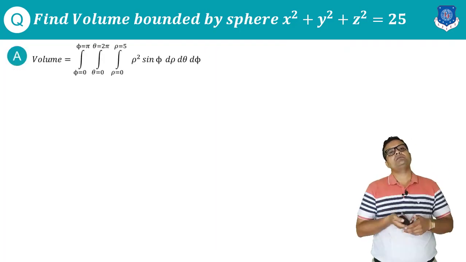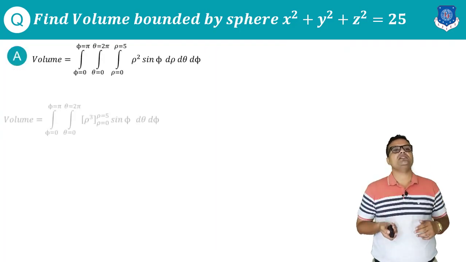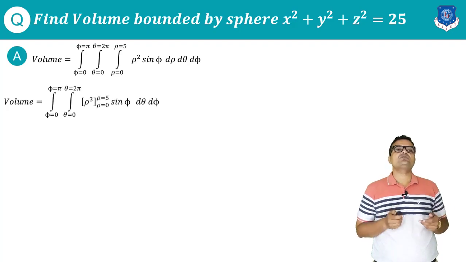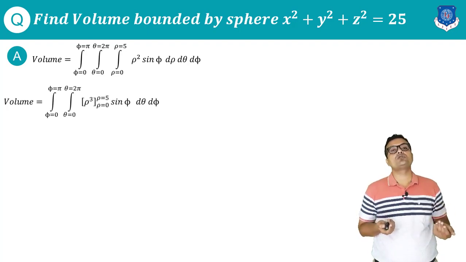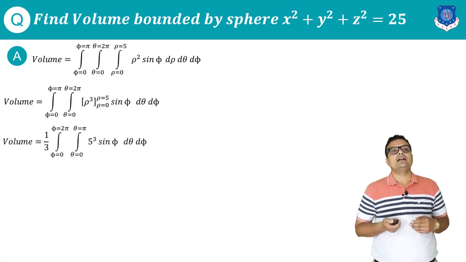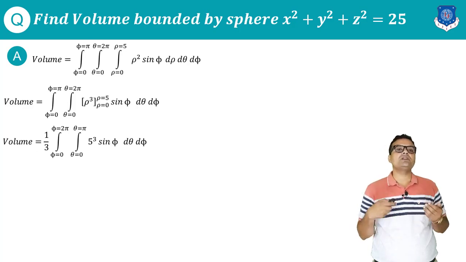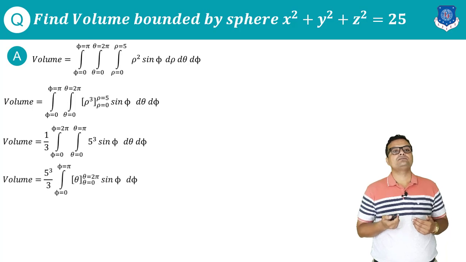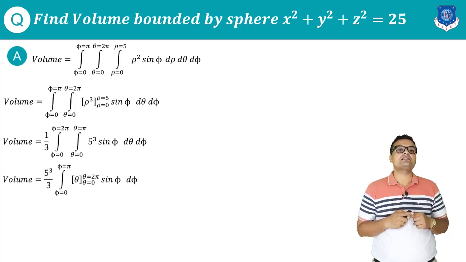Now coming to the algebraic part, I want to solve this integration. As the innermost integration is with respect to rho, the integral gives rho cube by 3. I am taking 3 outside and replacing rho with 5. Now the second variable is theta.